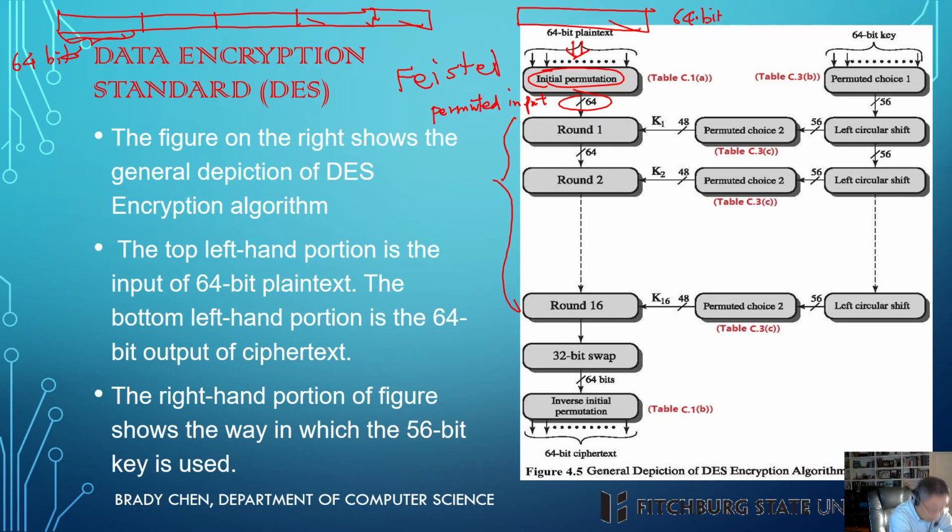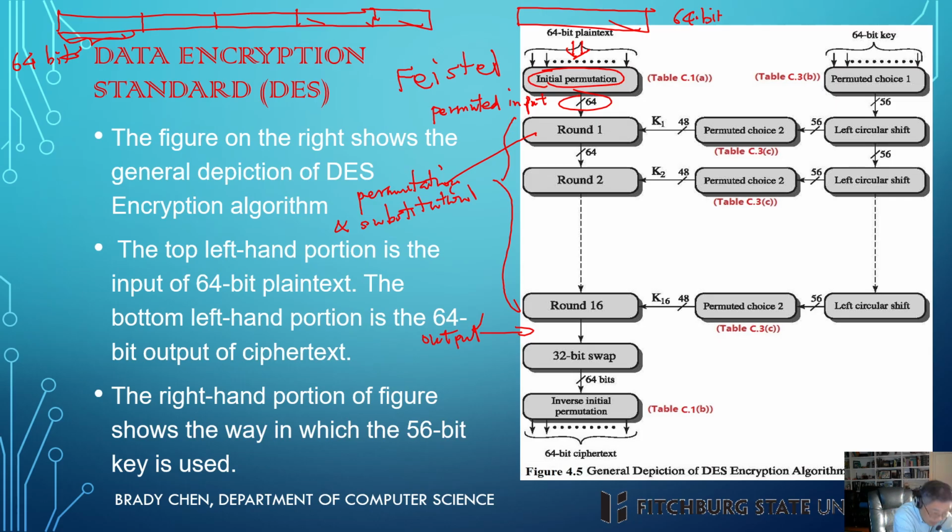We'll talk about this in the next slide. Now, the output of the last round consists of 64 bits that are a function of the input plaintext and the key.